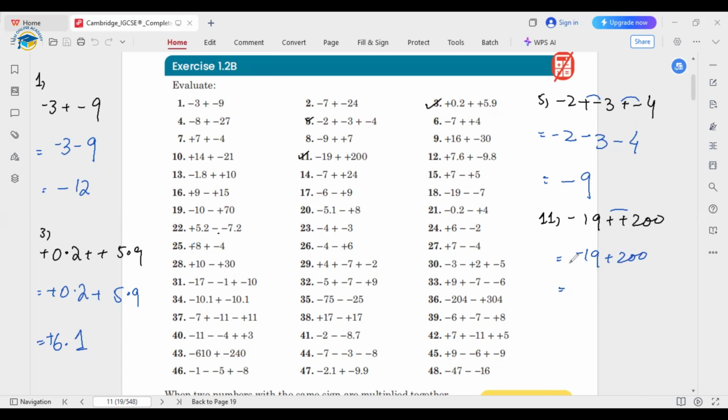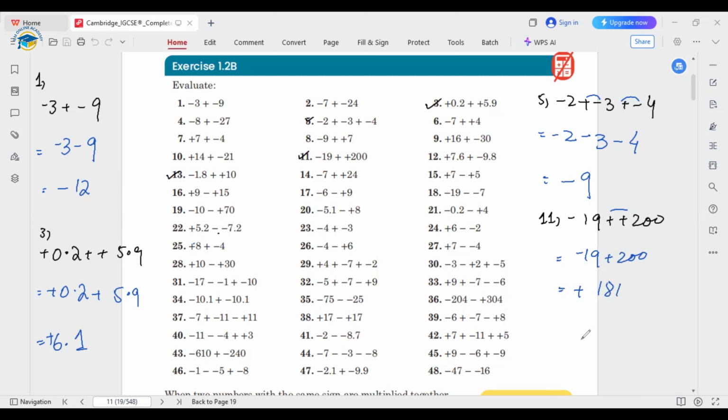From 200, we are going to subtract 19. As both are unlike signs, we use the sign of the greater number. 200 is the greater number and it has a positive sign. So 200 - 19 would be 181. So this is your part number 11. Hope it is getting clear.